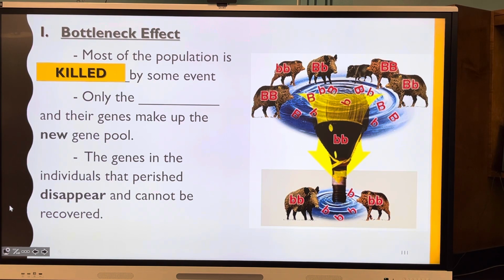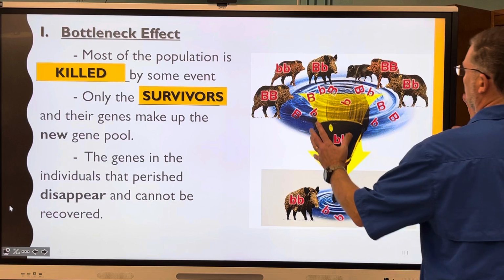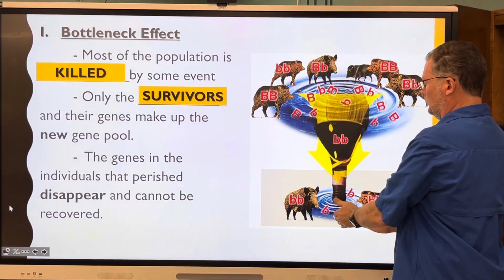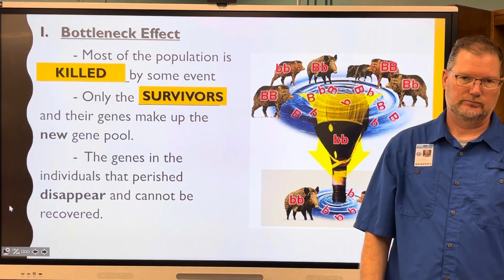Most of the population is somehow killed off. Only the survivors and their genes make up the new gene pool. So you see how you can generate this as a bottleneck effect.